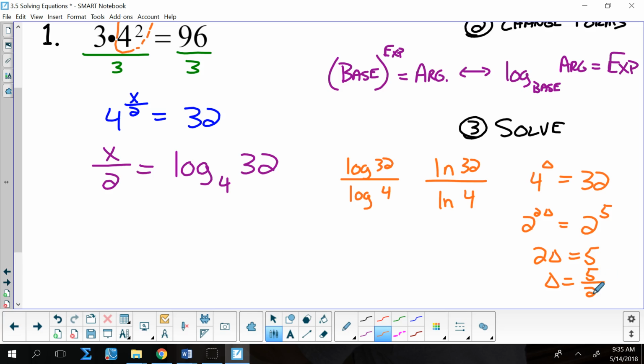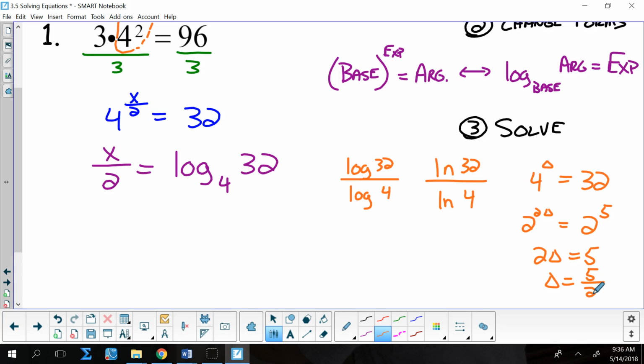Now, this worked because 4 and 32 were both powers of 2. If this would have been log base 4 of 36, this doesn't work. That third method only works in special cases.